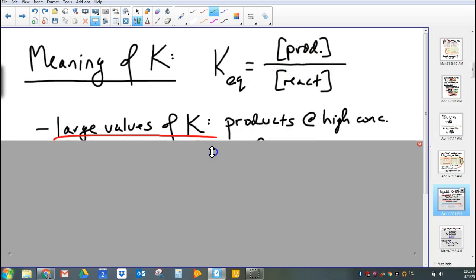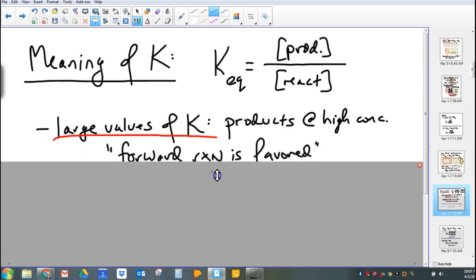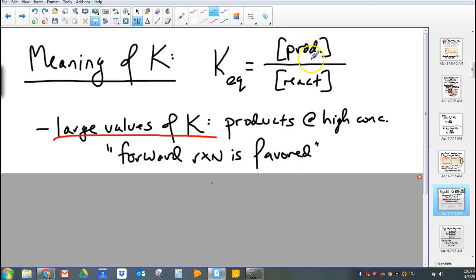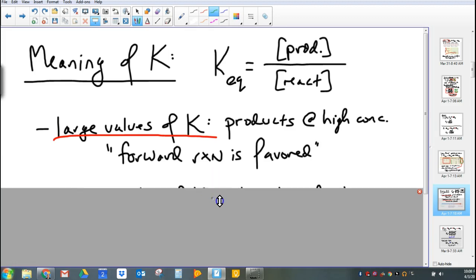What if the value of K is 10 to the 7th, and that's not unusual? Well, if it's 10 to the 7th, that means you've got 10 million times more product concentration than reactant concentration. So this is a reaction that goes to the right, that makes lots of products. And what we say in equilibrium is the forward reaction is favored.